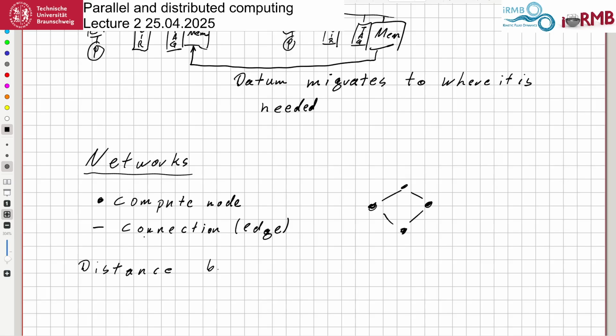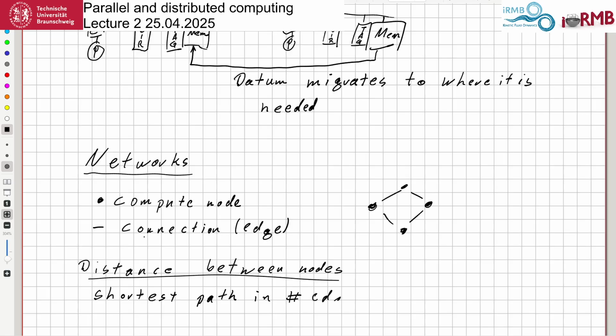Say the distance between nodes. The distance between nodes is the shortest path in terms of the number of edges.